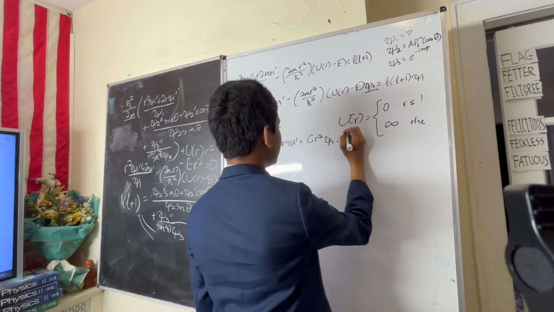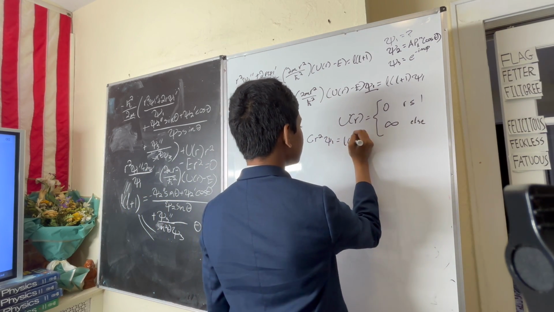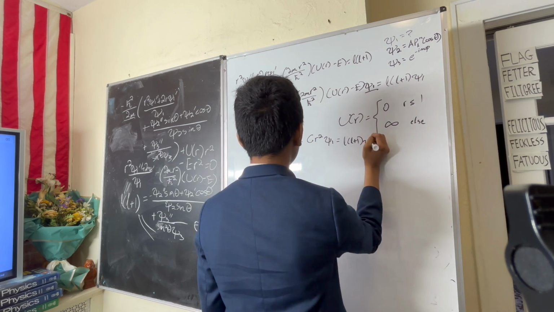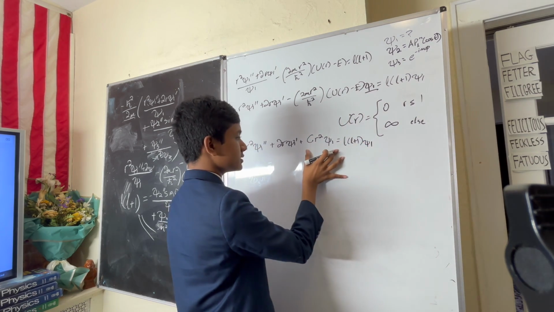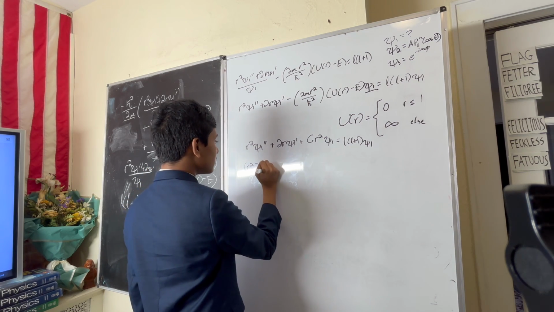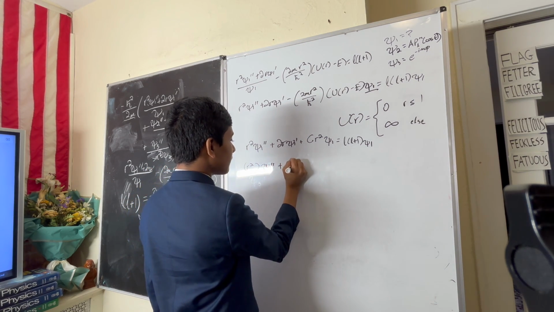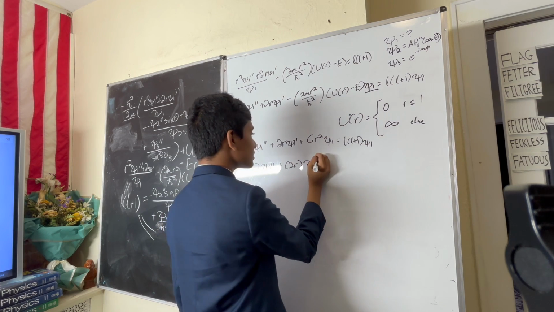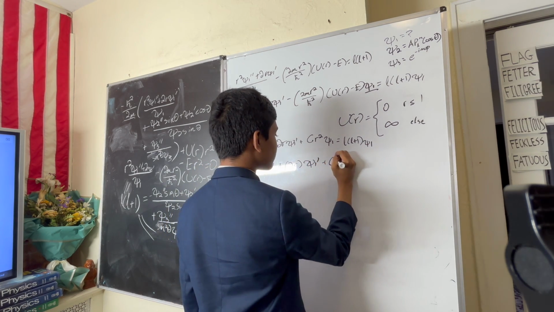And this is going to be equal to L times L plus 1 psi 1. And so this is going to get mashed into this. And we now have a tough nonlinear differential equation to solve.